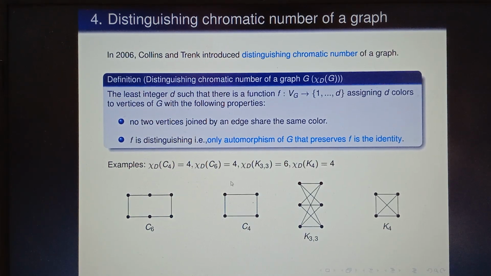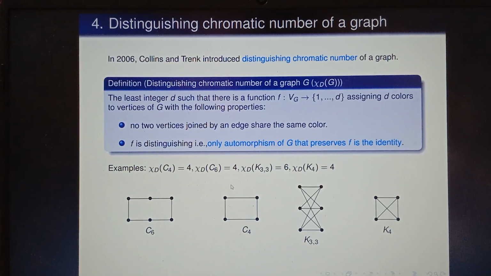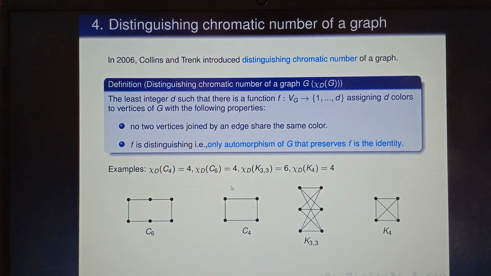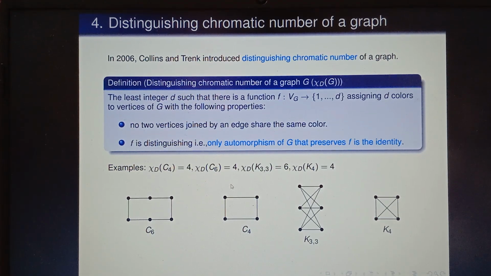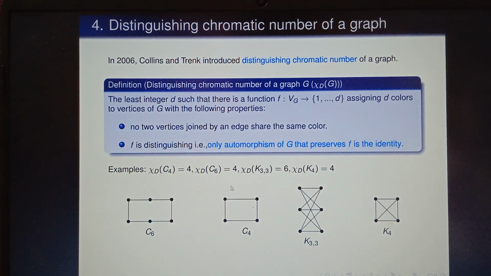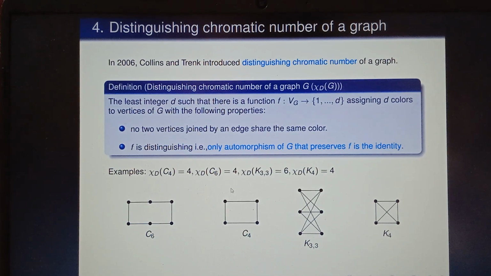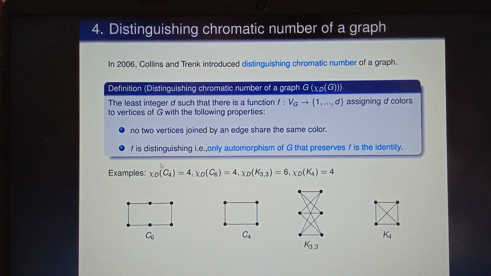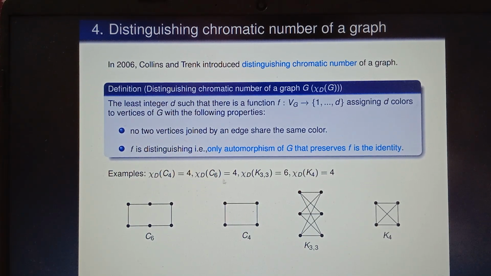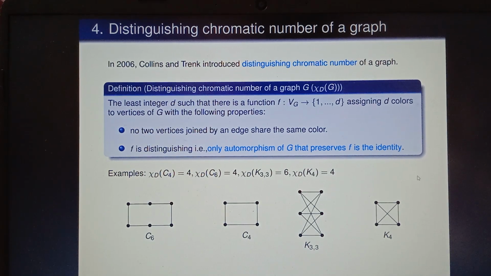No two vertices joined by an edge share the same color, and f is a distinguishing coloring. That is, the only automorphism of G that preserves f is the identity. In the example, you can see that χ_D of C4 is 4, χ_D of C6 is 4, χ_D of K3,3 is 6, and χ_D of K4 is 4.